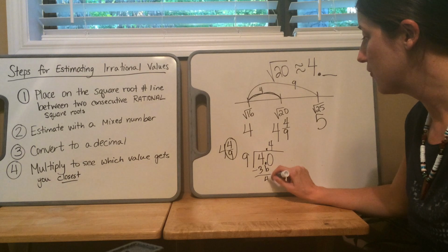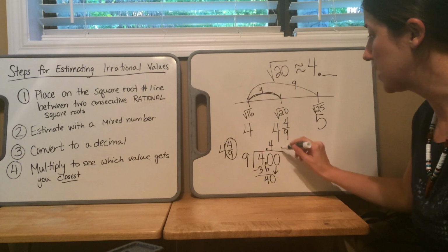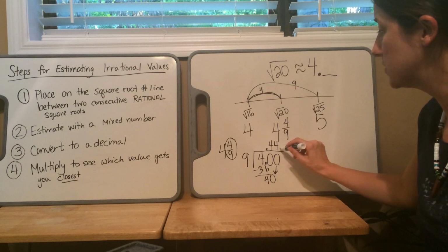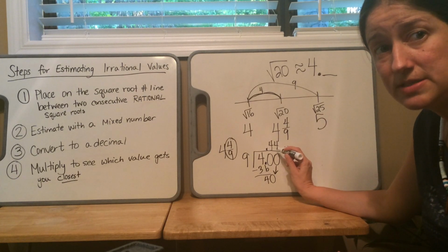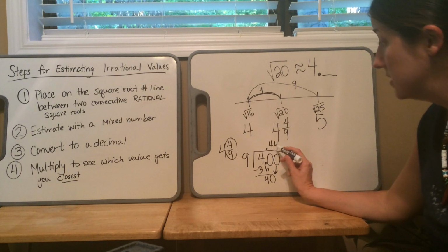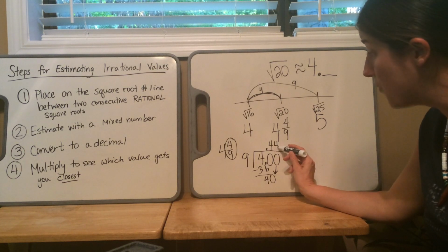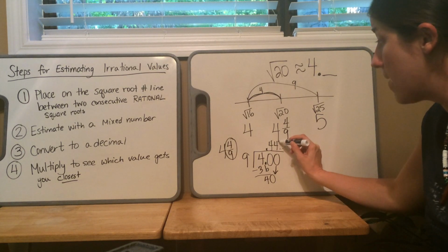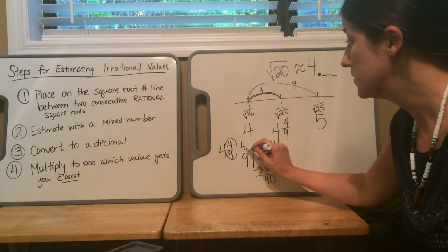Subtract. I get 4. Bring down a 0. 9 goes into 44 times. This is going to repeat. All I really need to do is divide to 2 places so that I can then round to the nearest tenth. What would this be rounded to the nearest tenth? If it's 0.44, I would not round up because this is not 5 or more, so it would just be 0.4.